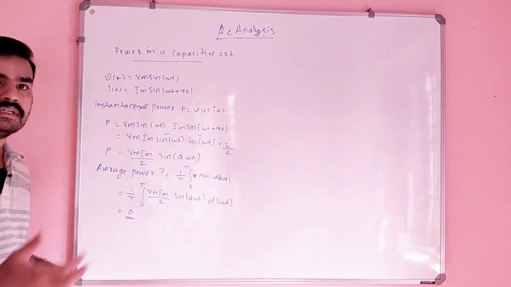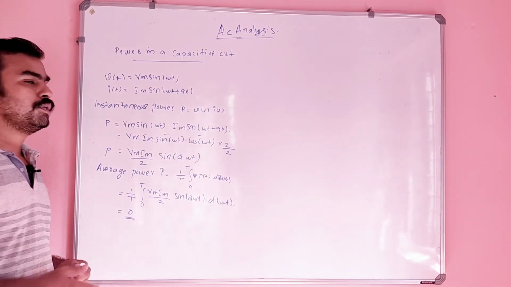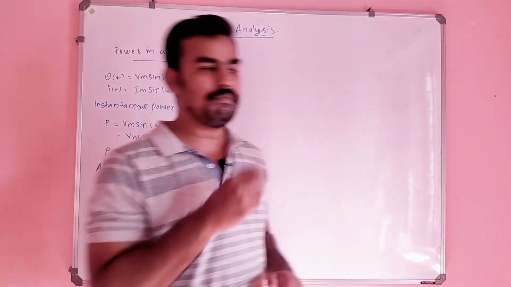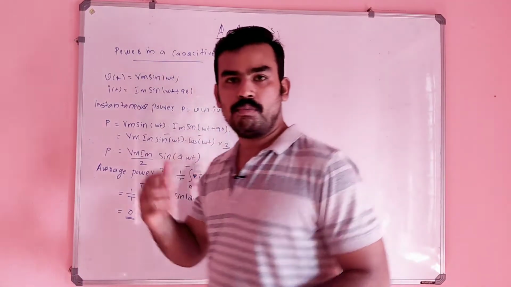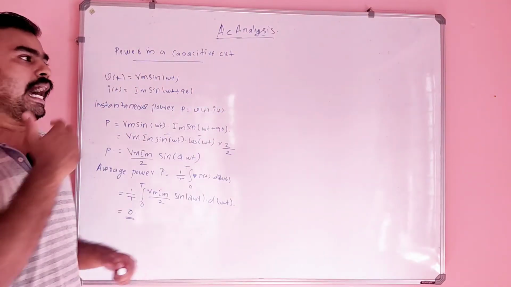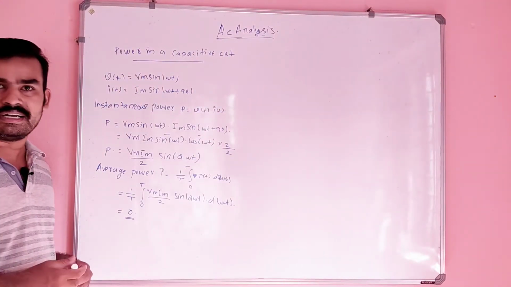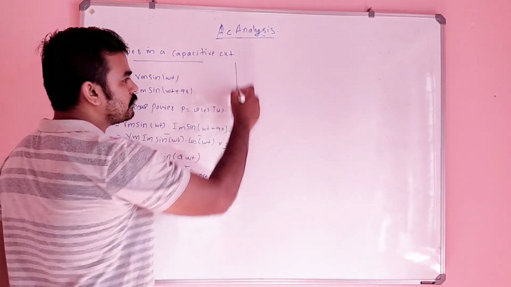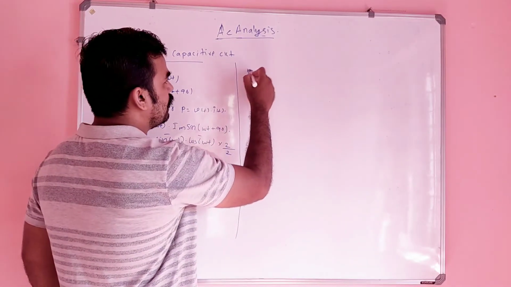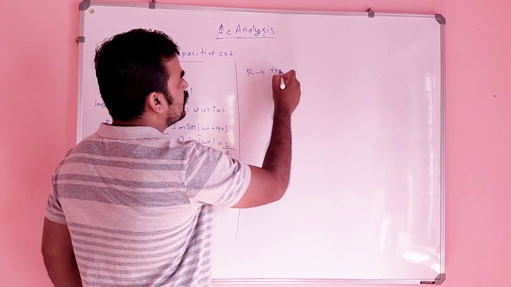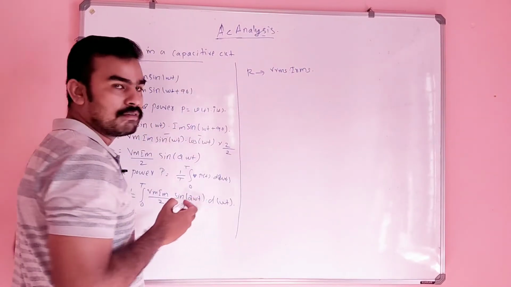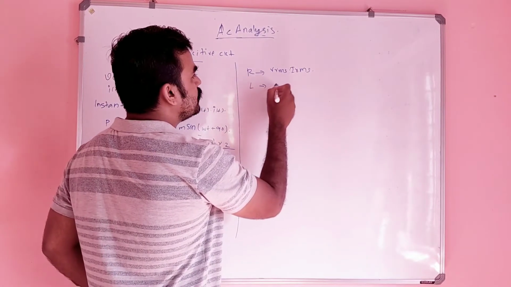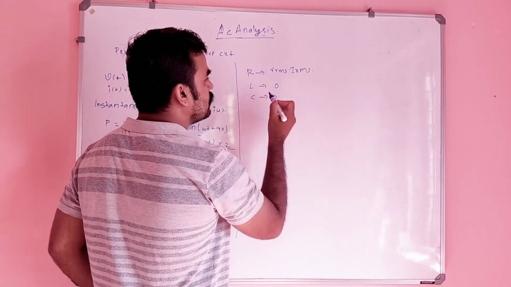So we can conclude that whenever we pass some alternating current or voltage through a resistive circuit, the average power developed is Vrms into Irms, right? For the R circuit it was Vrms into Irms, and for L the average power was 0, and for C the average power was 0.